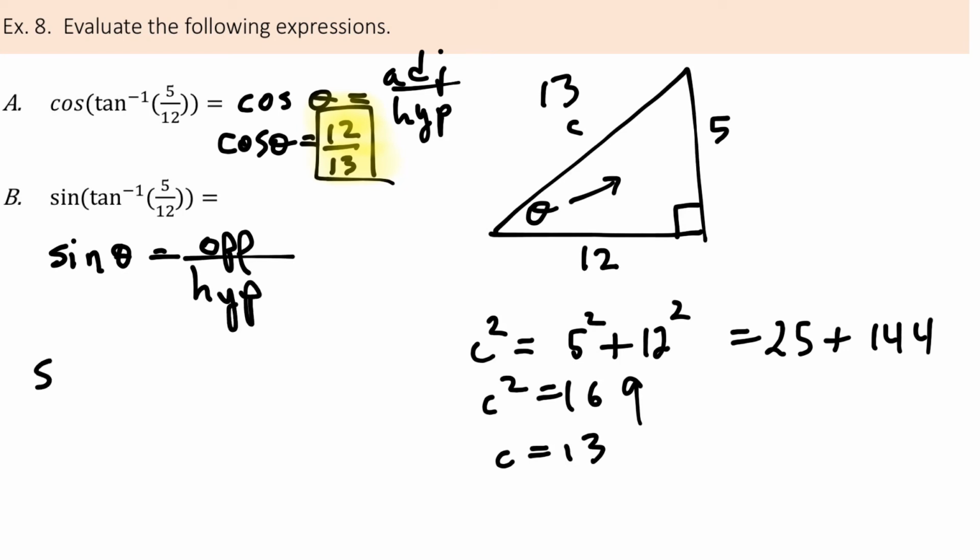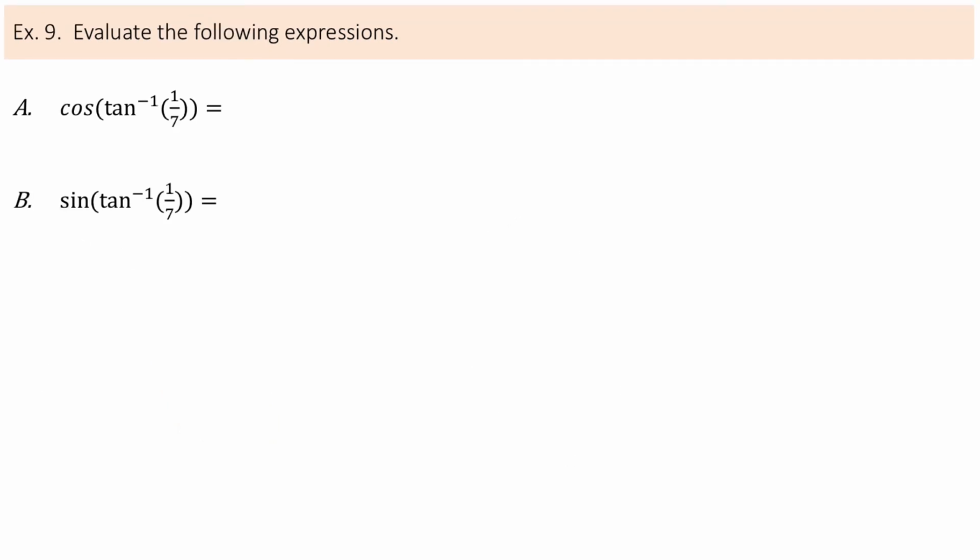All right, since we figured out those side lengths already, we're going to say 5 this time. That's your opposite side over 13. So this is your sine, and that's what we're looking for. All right, so these are right triangle problems here that you're given these side lengths to work with. So let's try another problem like this.